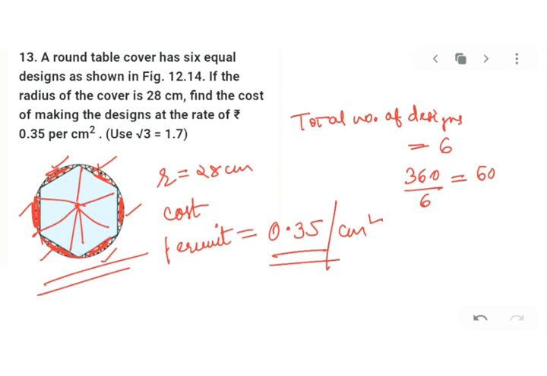So the central angle, each angle will be 60. Okay, now what we will take, and radius is given to you as 28 centimeter.